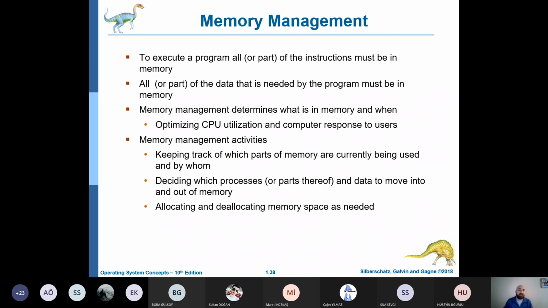So we generally say that we have to load the program to memory, but actually, in the backend, we have to map our program instructions to the absolute physical addresses of the memory. As the program executes, it accesses program instructions and data from memory by generating these absolute addresses.